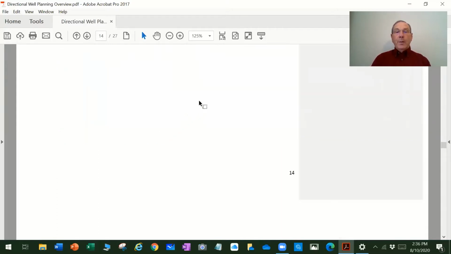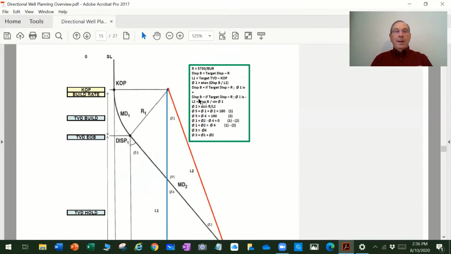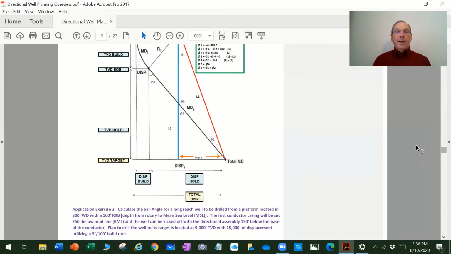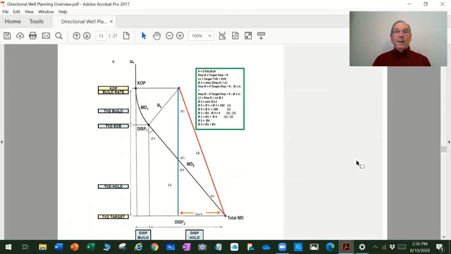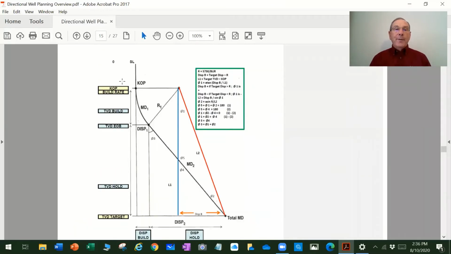So we can draw a diagram to try to illustrate how we can do this work. We have chosen the kickoff point, so we know the kickoff point depth, we know the target depth, and we know the build rate.